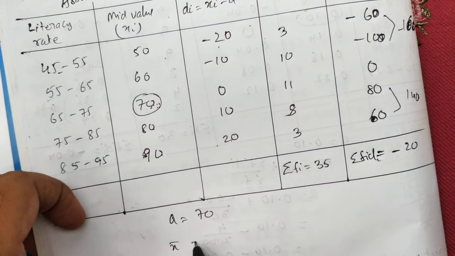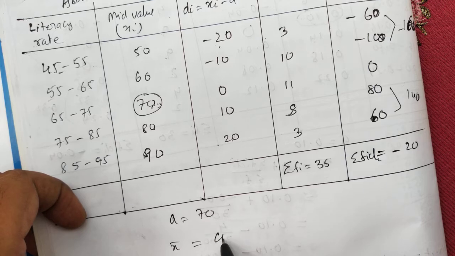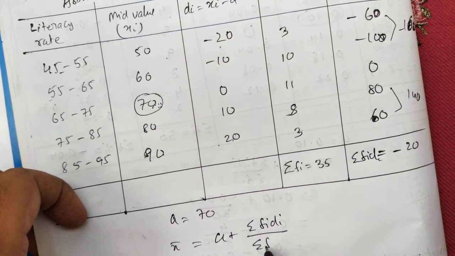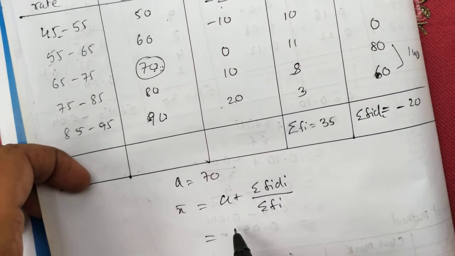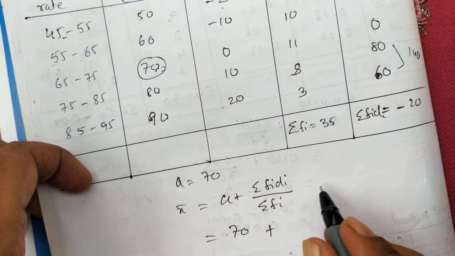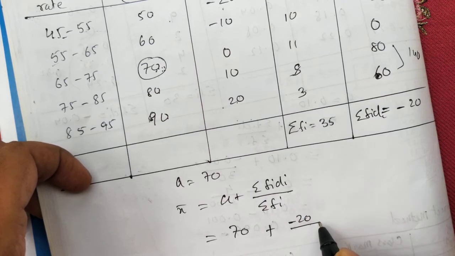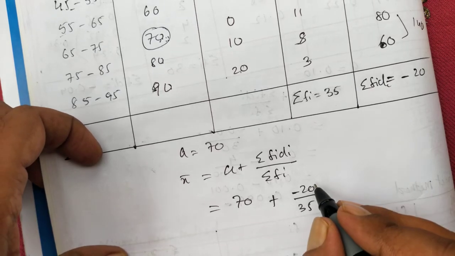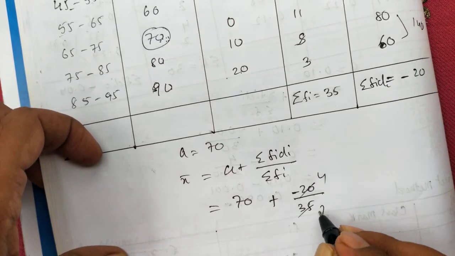Use the formula. A plus summation fidi by summation fi. Put the value. A is 70, the selected one. Fidi is minus 20 and summation fi is 35. Cancel it, 5 4s are 20, 5 7s are 35.